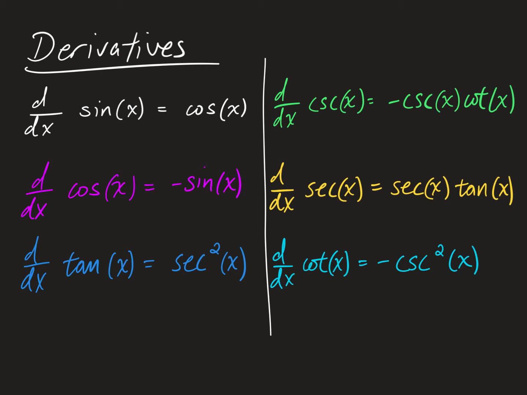Another thing I see is if you take the derivative of any type of tangent function, so here we have tangent and here we have cotangent, you will get some kind of secant function. So the derivative of tangent turns into secant, and the derivative of cotangent turns into cosecant. But what's really interesting about this too is that the secant and the cosecant will be squared.